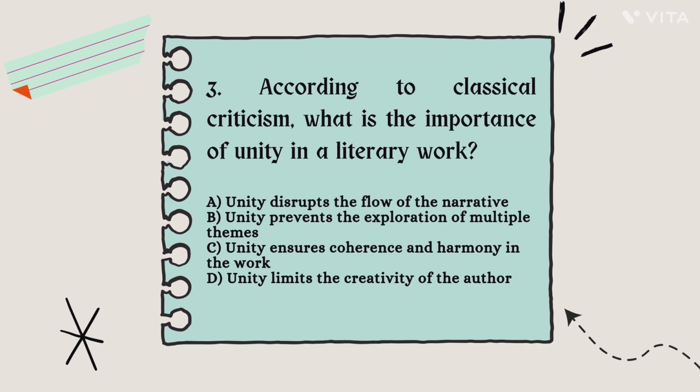Coming to the next question, according to classical criticism, what is the importance of unity in a literary work? The options: A. Unity disrupts the flow of the narrative. B. Unity prevents the exploration of multiple themes. C. Unity ensures coherence and harmony in the work. D. Unity limits the creativity of the author.